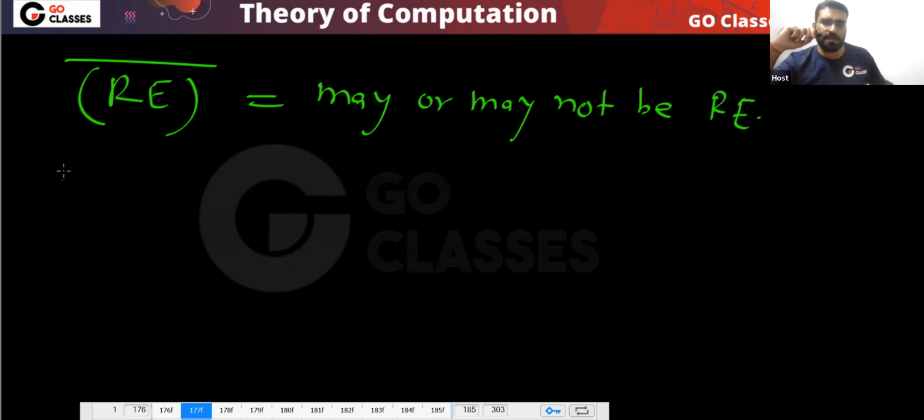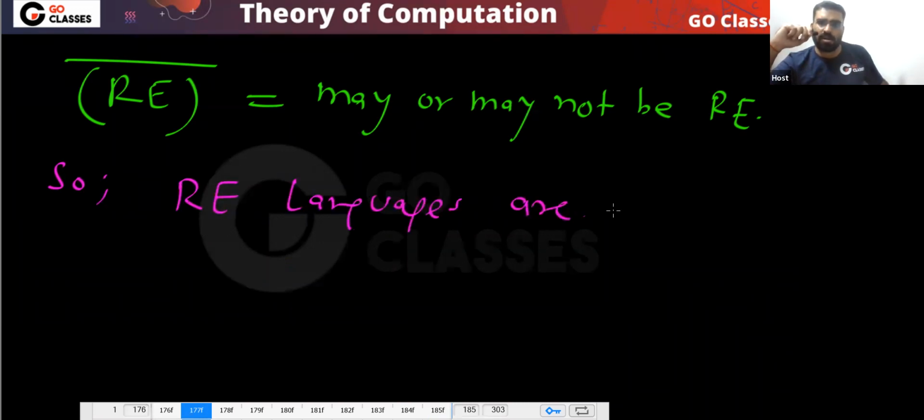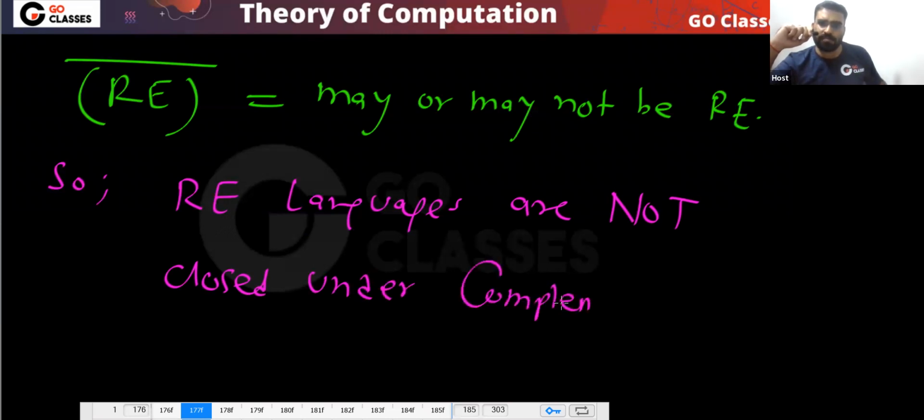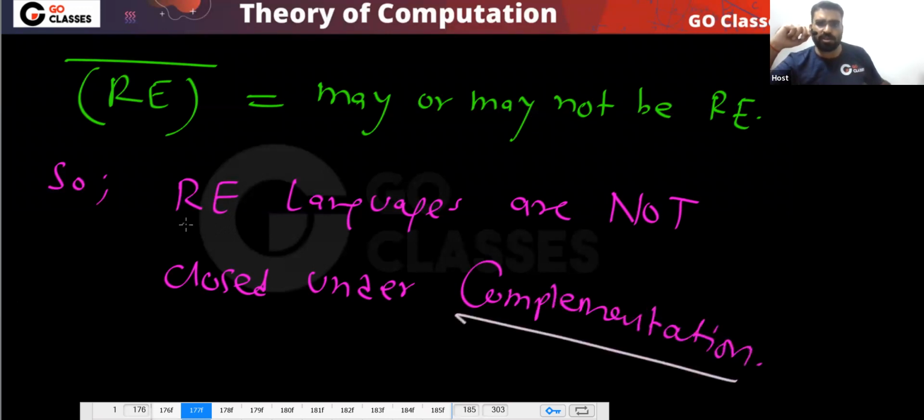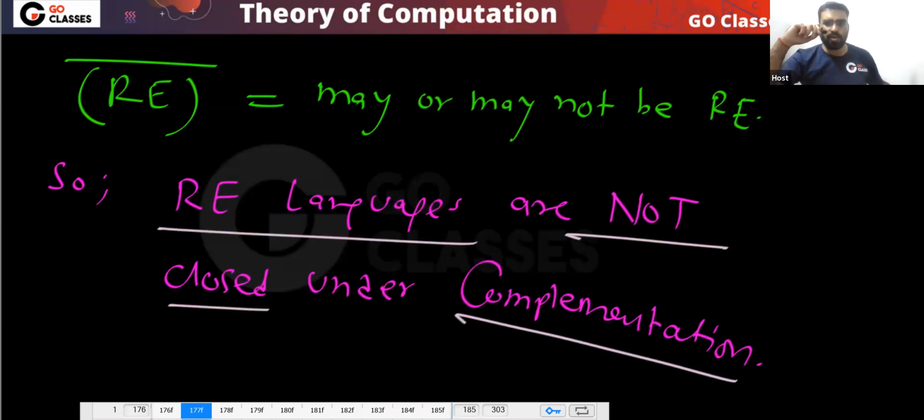So RE languages are not closed under complementation. What about REC languages, recursive languages? They are closed.